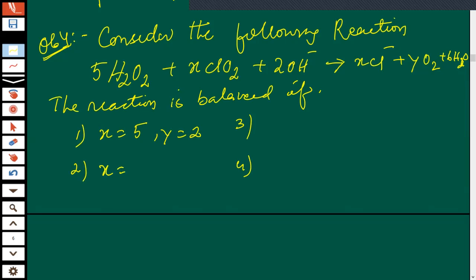Then x equal to 4 and y equal to 10. Then x equal to 2, y equal to 5. Then x equal to 5, y equal to 5. This is also easy; it is the same, in the same manner you have to solve it. Solve it. Balance it.